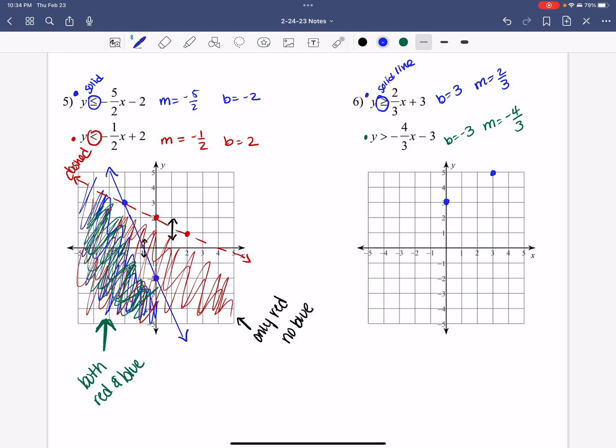So you're going to draw your solid line through them, and that's going to be right here. It is going to be greater than.